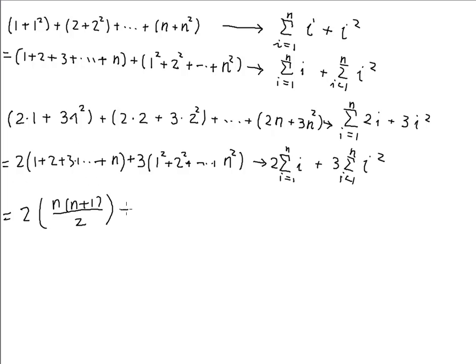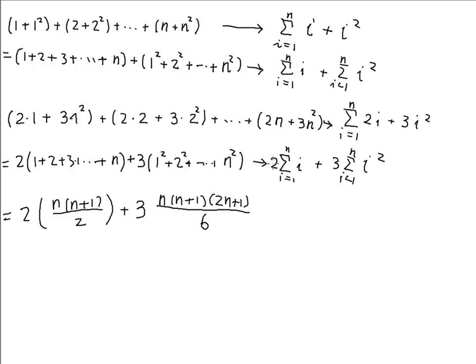And then plus, again, we have the formula for this sum of squares. So we have n and n plus 1, and then we have 2n plus 1 divided by 6.